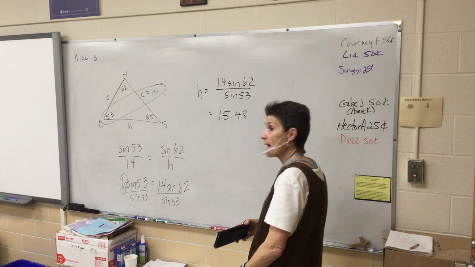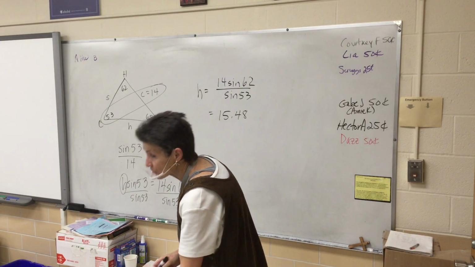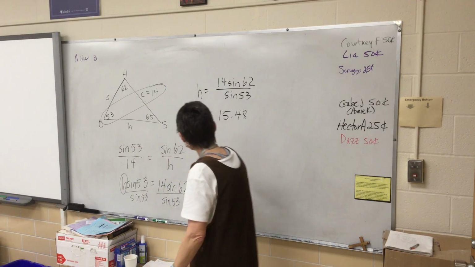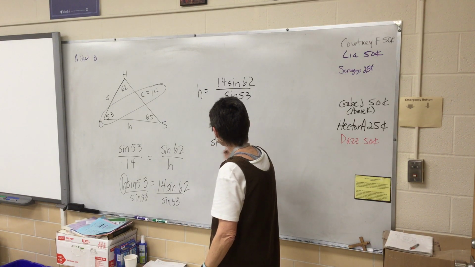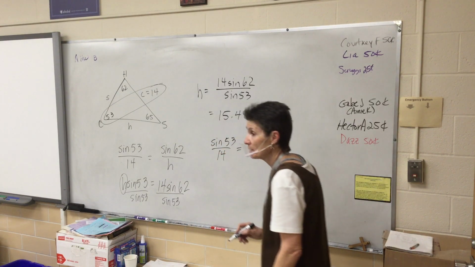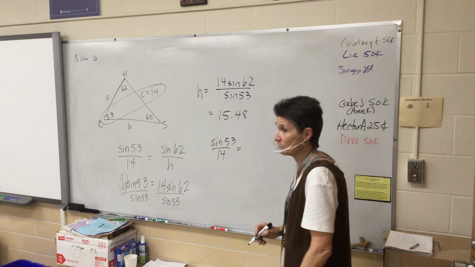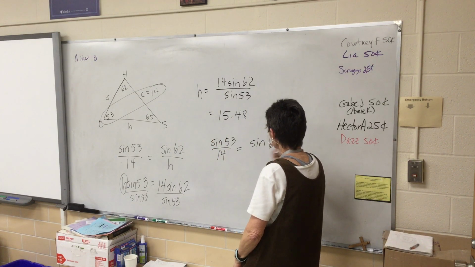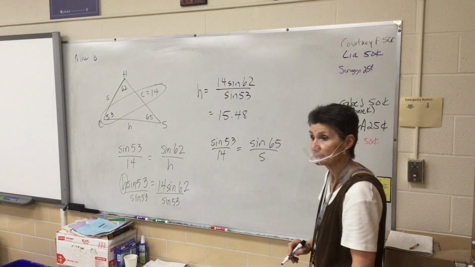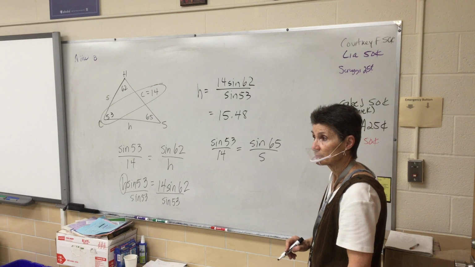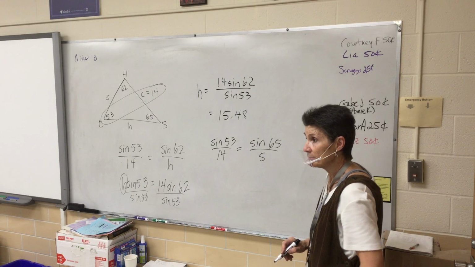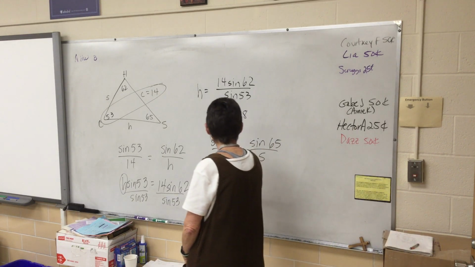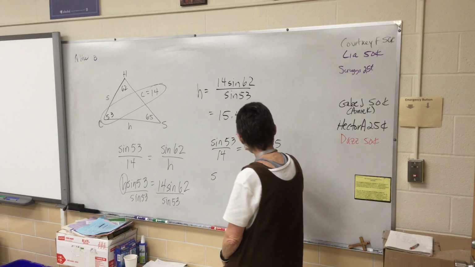Now we're moving on to side S, which we will do exactly the same way, starting with exactly the same thing. So we'll start with sine 53 over 14, but this time we'll set it equal to sine 65 over S. Right? And then we will cross multiply, just like we did before. That's an S, it kind of looks like a 5.